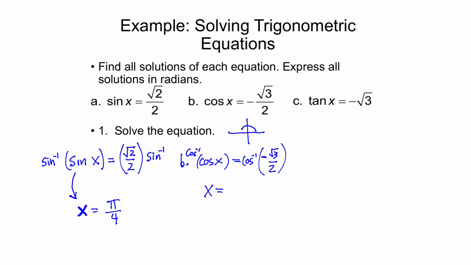So we're going all the way over here where we get a reference angle of 30 degrees. So that's pi, well, since we're dealing with 30 degrees, that's pi over 6. So I go 6 pi over 6 minus 1 pi over 6. That is 5 pi over 6. So the arc cosine there is 5 pi over 6.